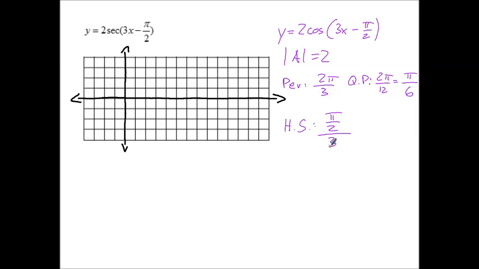So what does that mean? Dividing it by 3 over 1 would be the same as multiplying it by 1 over 3. And that makes the horizontal shift pi over 6, which is the same as our period. That is quite convenient. Our vertical shift this time is 0.